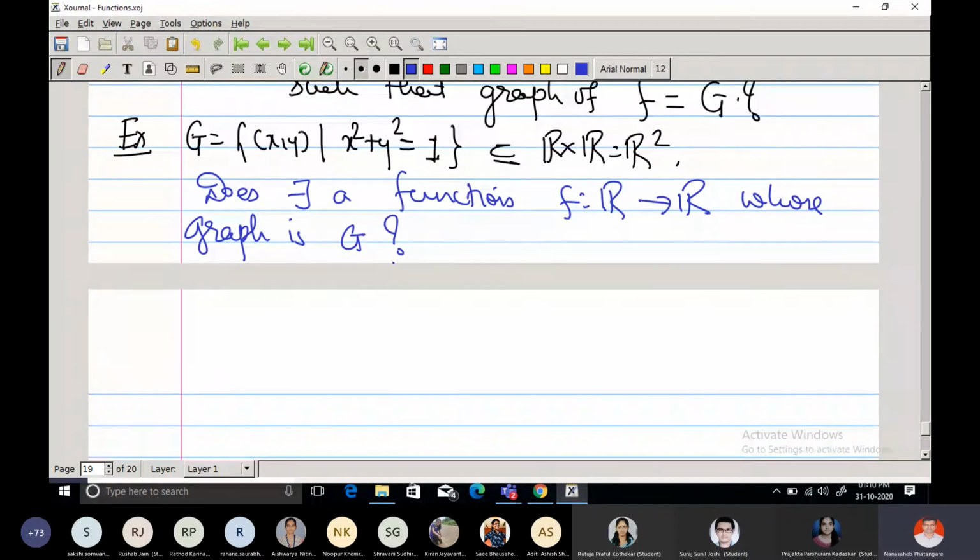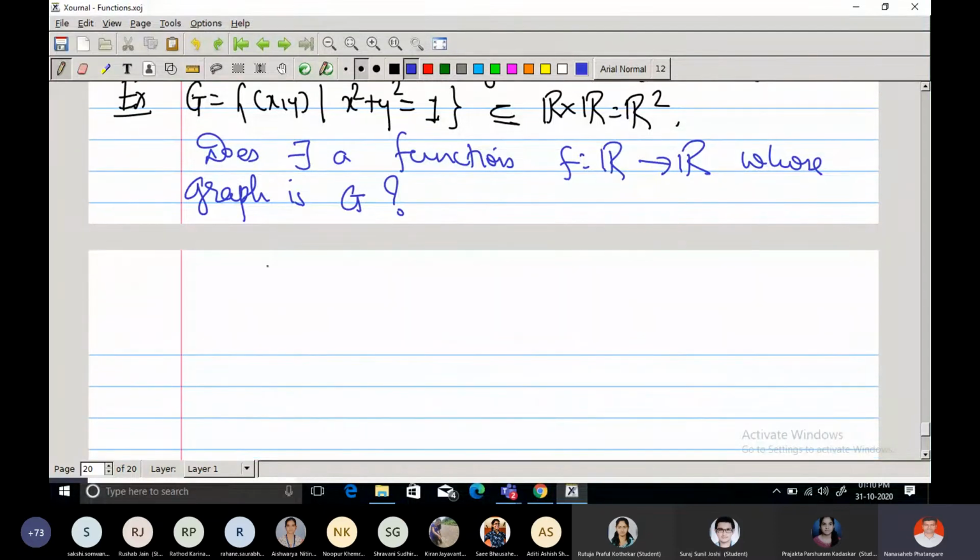Can you sketch that subset in R2? Unit circle. Circle, right? So first of all, try to sketch it, and then you can understand.